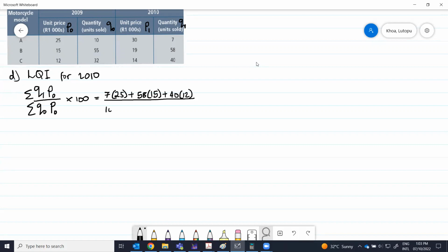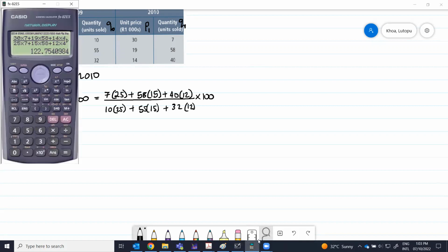So we have 10 times 25, 55 times 15, 32 times 12. And this, of course, we multiply by 100. So we do this all on our calculator. 7 times 25.